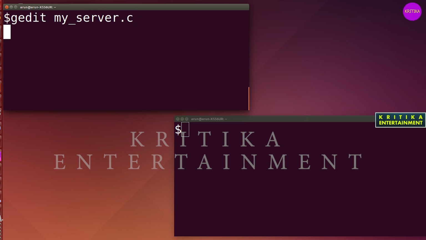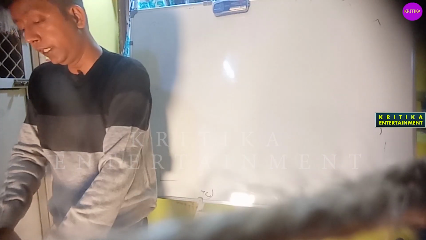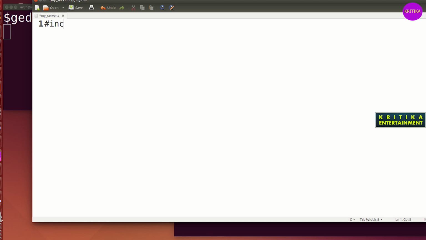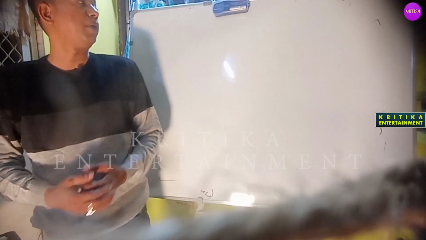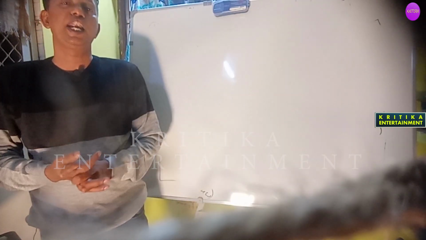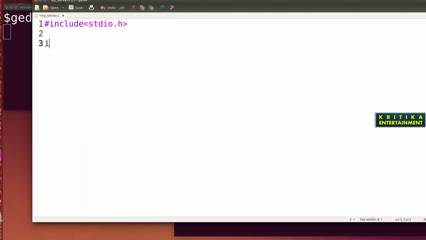Then my server dot c program will be opened. Normally I write hash include stdio.h, which is your normal header file, always written for printf and scanf purposes. Then directly I write the function, int main.